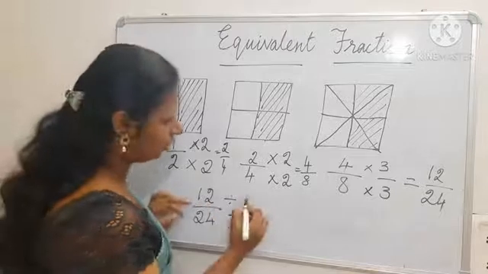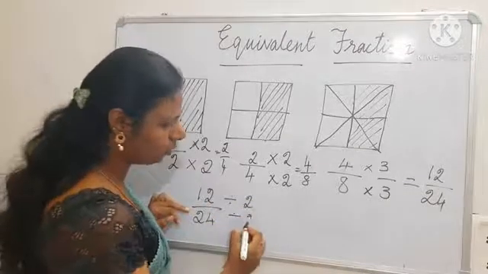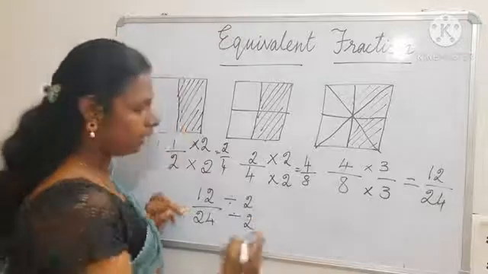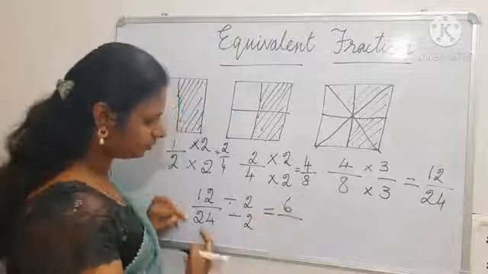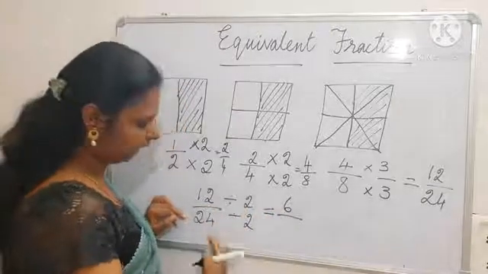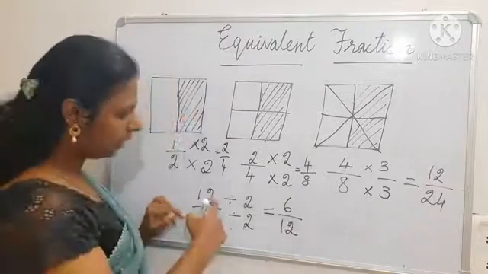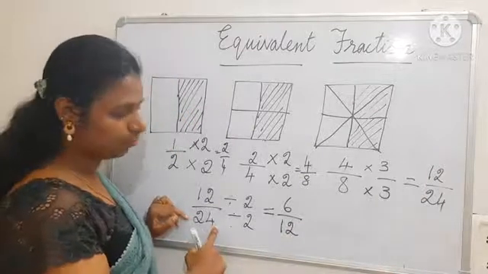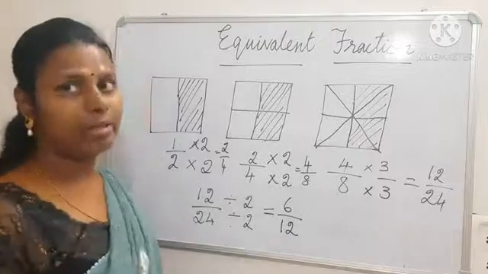So when you divide by 2, the numerator also must be divided by 2 and the denominator also must be divided by the same number. Now 12 divided by 2 is 6, 24 divided by 2 is 12. So 12 by 24 and 6 by 12 are equivalent fractions.